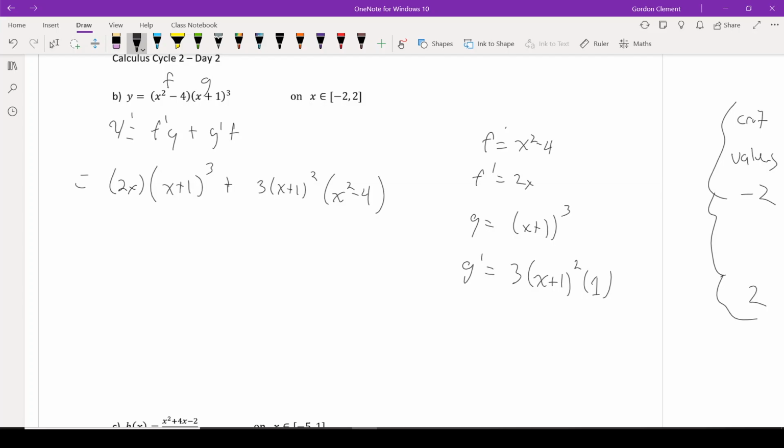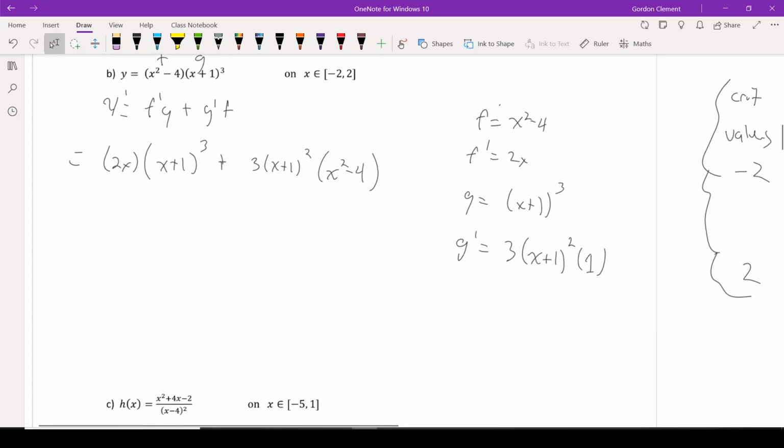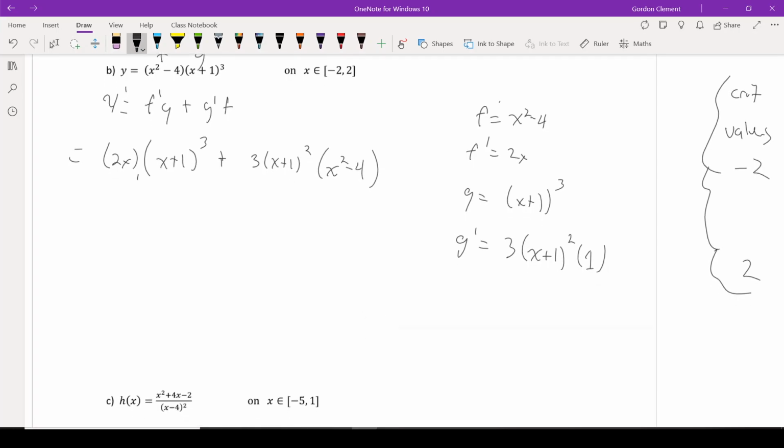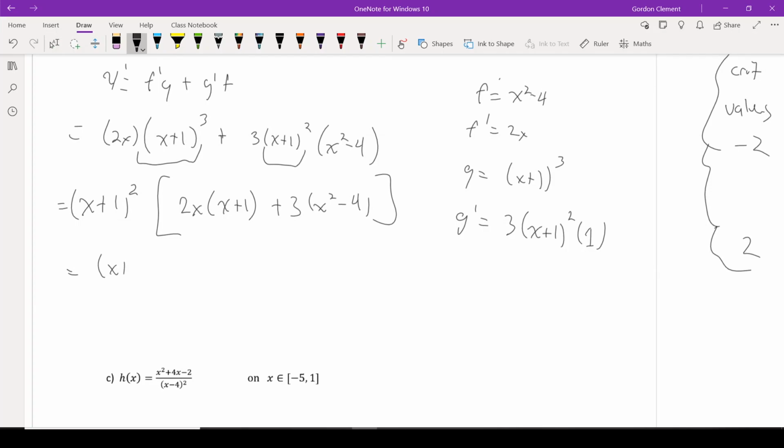And before I think about simplifying anything or expanding anything, I'm going to always look for common factors first. So we have (x + 1) to the 3, (x + 1) to the 2. So I can factor out (x + 1) to the 2 and then see what's left over. So I get that from the first piece, that from the second piece, and now that's much easier to clean up.